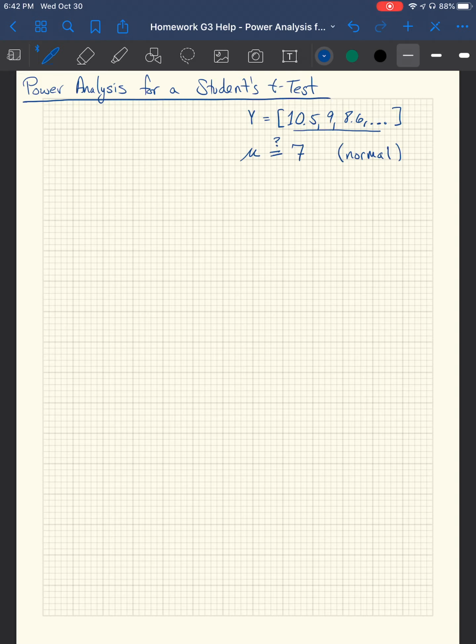Given that I know the numbers are normally distributed, is the mean of those numbers equal to 7? So when we have made the restriction that we know that our distribution is normal and our hypothesis is on the parameters of that distribution, then we are doing a parametric statistical test.